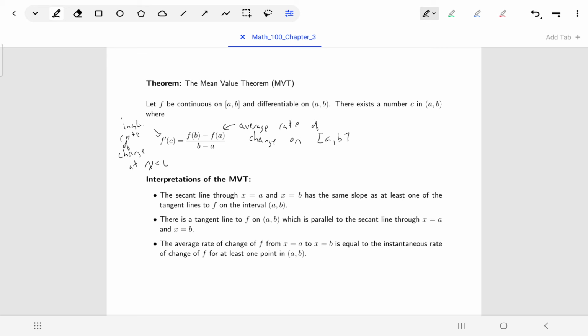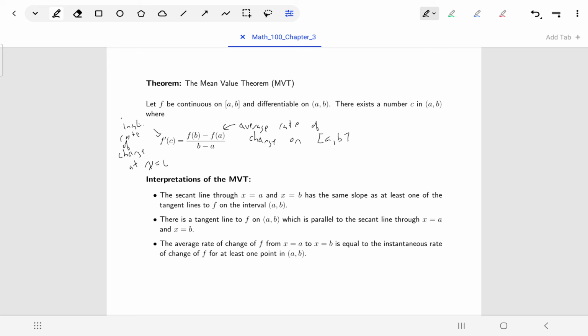Going from 20 to 25 degrees over a 10-hour period, the average rate of change is half a degree per hour. So on average, we're going up by half a degree per hour. Well, at some point between the beginning and the end of that interval, the temperature must have been actually increasing at that rate of half a degree per hour.